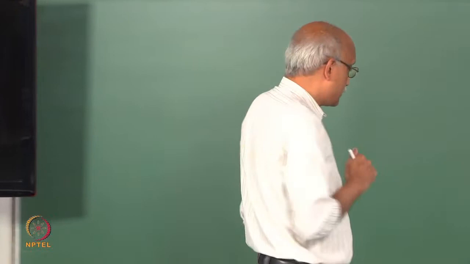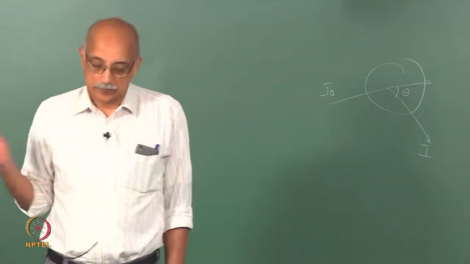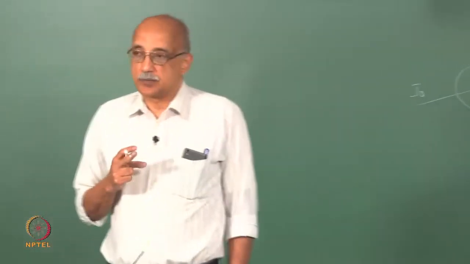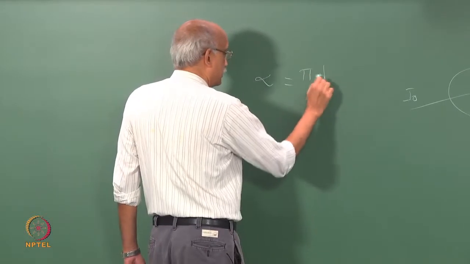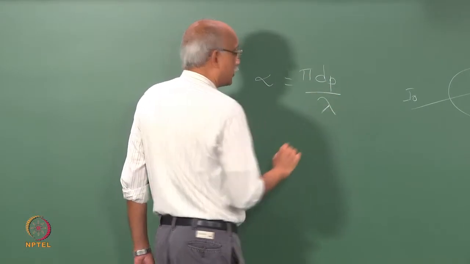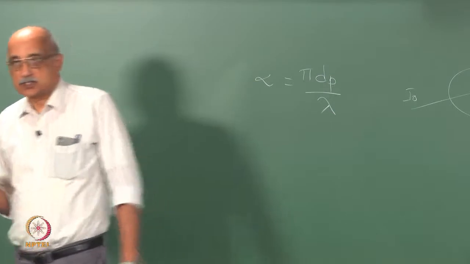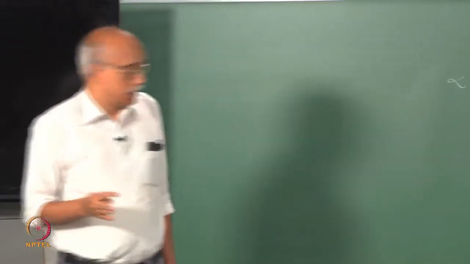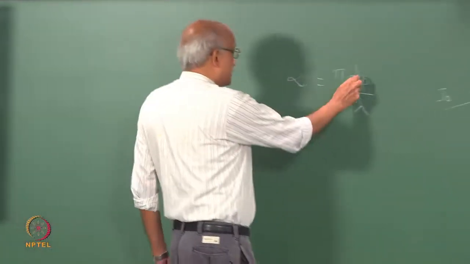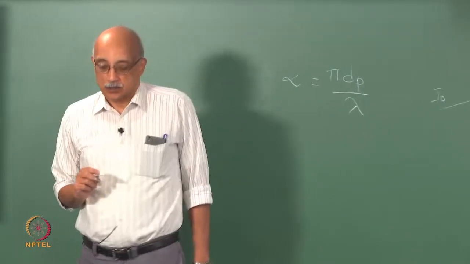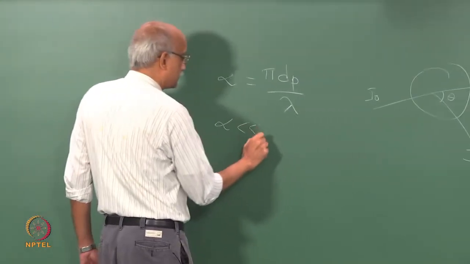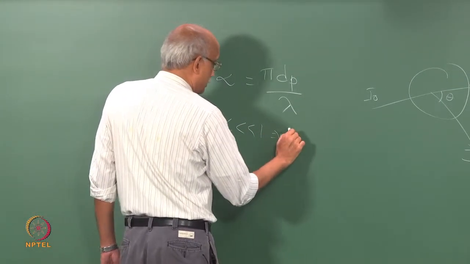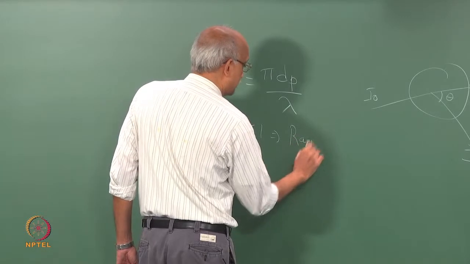When we look at the scattering intensity, there are a couple of non-dimensional parameters that are very important. The first one, alpha, is defined as pi dp over lambda, where lambda is the wavelength of the incident radiation and dp is the diameter of the particle. When alpha is much smaller than 1, this is called the Rayleigh scattering regime.